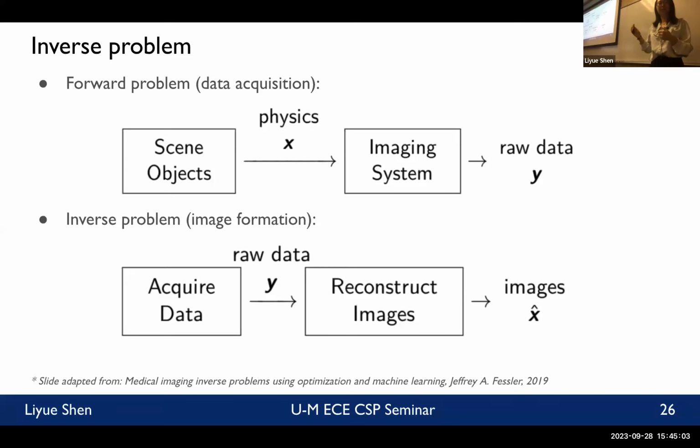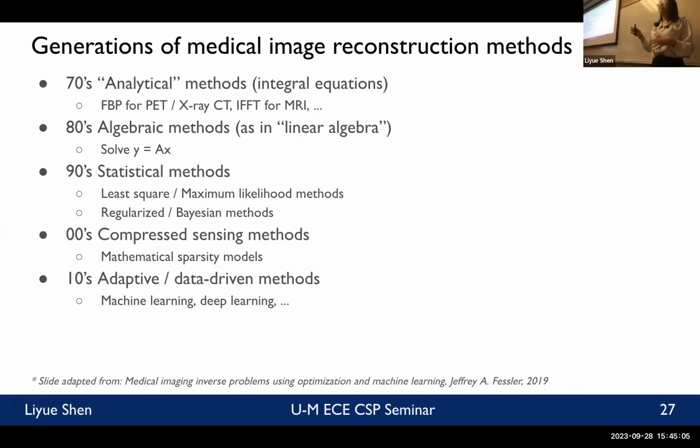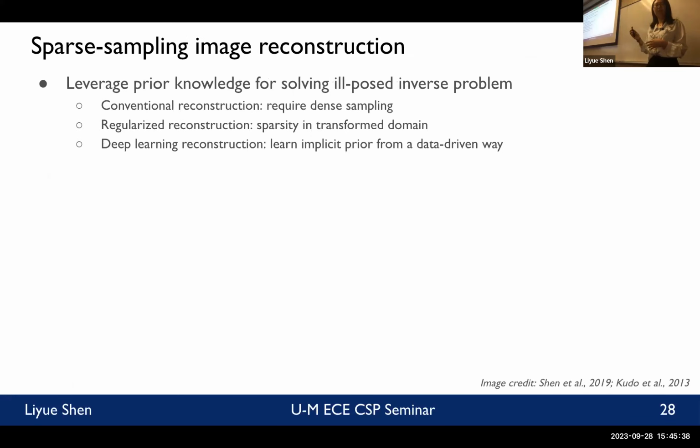In the past 10, 20 years, there have been generations of different medical image reconstruction methodologies, from the statistical methods, and especially 20 years ago the compressed sensing methods, where we introduced sparsity regularization in the optimization to solve the ill-posed problem. And more interestingly, the data-driven methods, which we have seen over the past 5 to 6 years. This will also be the main focus of today's talk.